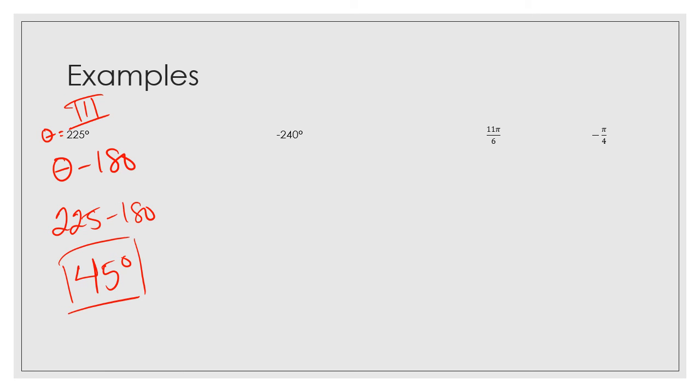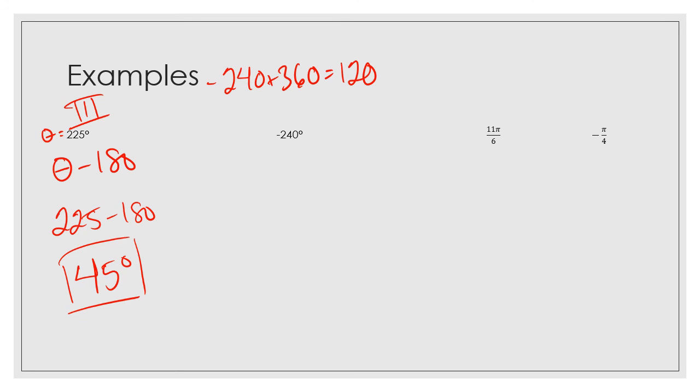If I look at -240, -240 is not on the unit circle. Since that's not on the unit circle, I need to find the angle on the unit circle that is coterminal with this angle. To find a coterminal angle, I need to add 360, and that gets me 120. 120 is on the unit circle, and 120 is in quadrant 2.